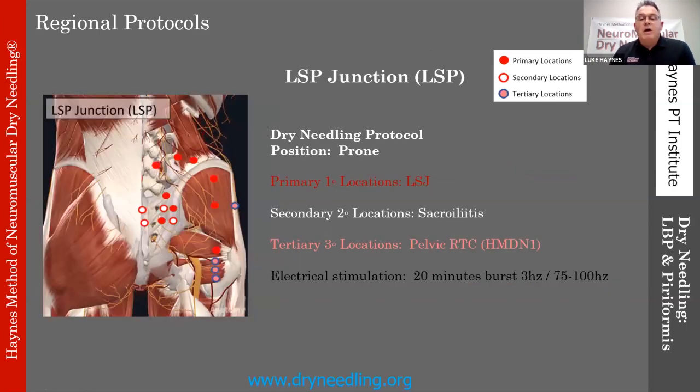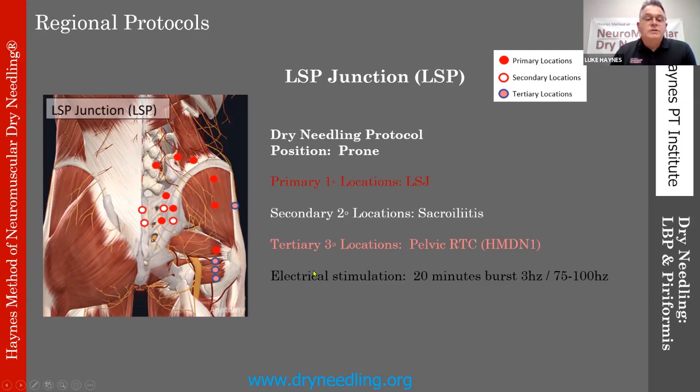For the lumbosacral pelvic junction, which is, again, a lot of that similar pain at the lumbosacral area, but you also now start to have some radiation or some involvement in the tissues further laterally. This would be a little bit more of a chronic condition. Number one, we're going to do all of those needling locations at the lumbosacral junction, which would be multifidus, longissimus, iliocostalis, QL and psoas, glute max, med, min, and then the sacroiliac area.